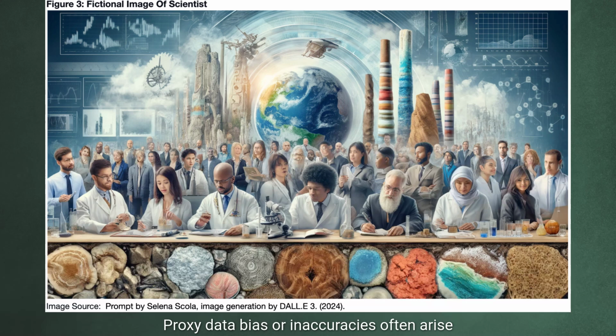Proxy data bias or inaccuracies often arise from issues such as incomplete datasets. An example of such is having ample longitude data while lacking the corresponding latitude data, which can skew results and lead to incorrect reconstructions of Earth's climate past.